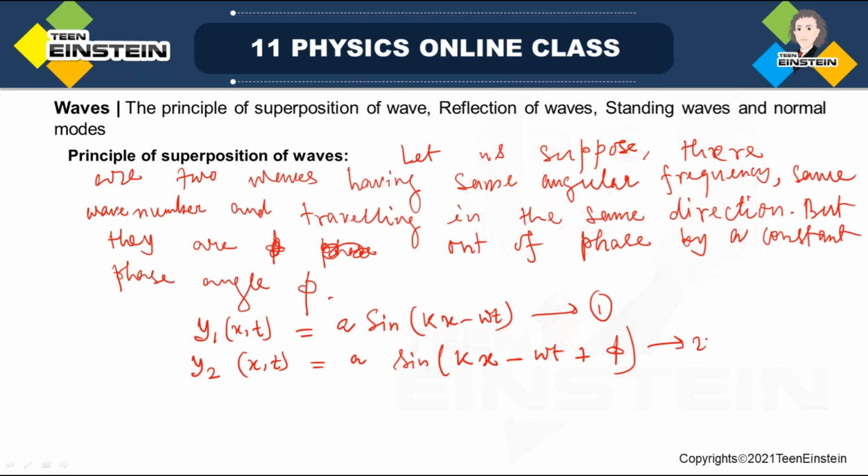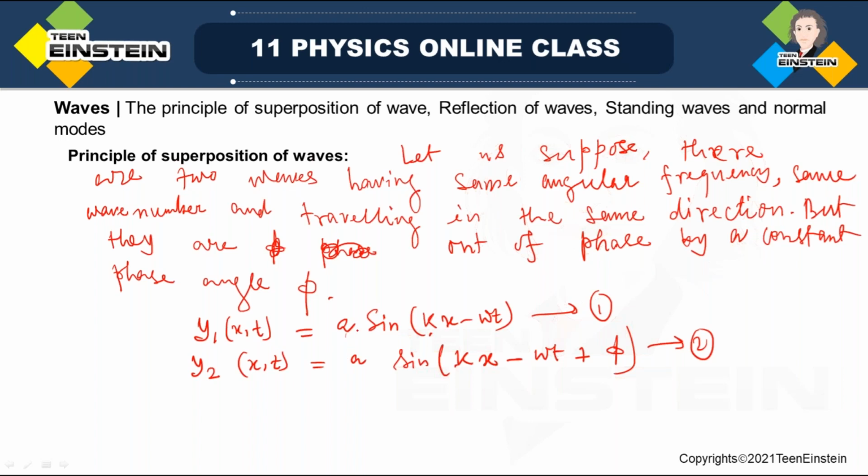So you can see they are out of phase by a constant phase angle phi. Otherwise, k is the same, that is the propagation constant, or you can say the wave number, and the angular frequency omega is the same for both, and both are traveling in the same direction, as the signs are the same. Now the amplitude is also the same. Both have the same amplitude a. Okay, this is what I have supposed.